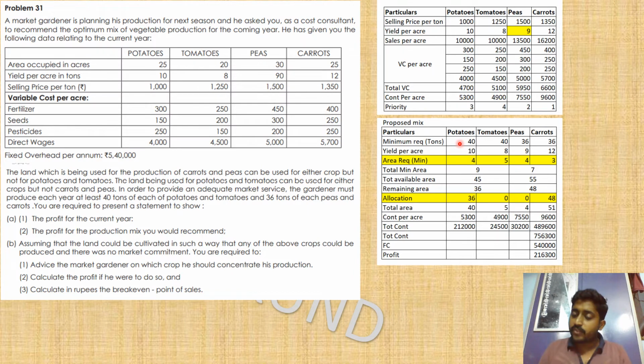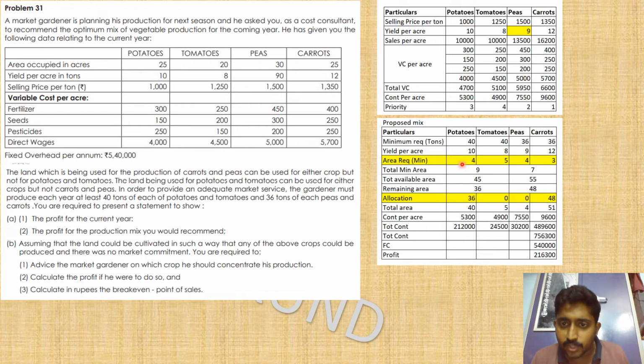Because we are going to allocate the land, before the land allocation we can allocate the minimum required first. Anyway, we have to do it. We are committed to produce 40 ton potato, 40 ton tomato, 36 ton peas and 36 ton carrot. For that, we are calculating the area required.